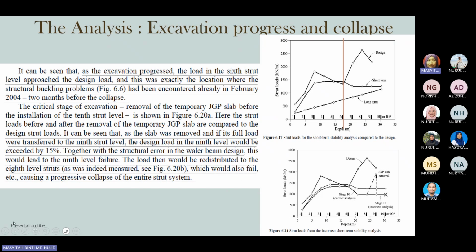So it says that the failure did not occur at one time. It occurred progressively, but no one noticed the changes in the monitoring data, which were actually the early signs that the failure had started to occur.